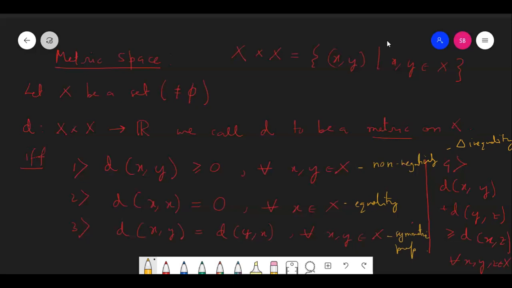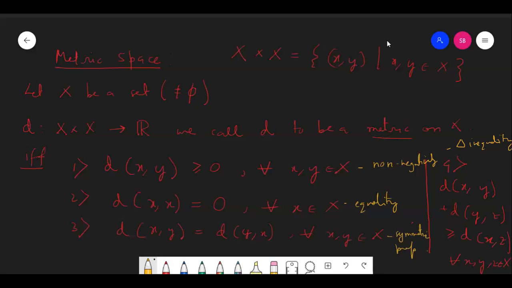So this is how we define a general metric on a general set X. For any given non-empty set X, if we have a function D such that all the four conditions are satisfied, then we can call D a metric on X. Our motivation was to generalize the things we did in the set of reals.